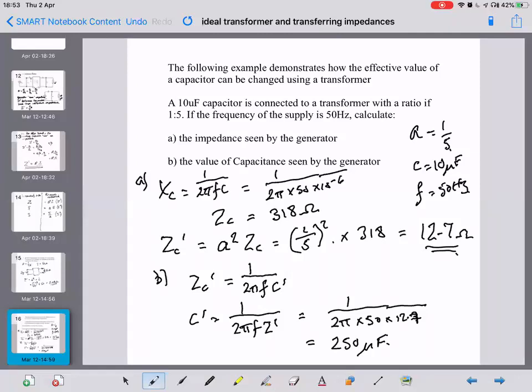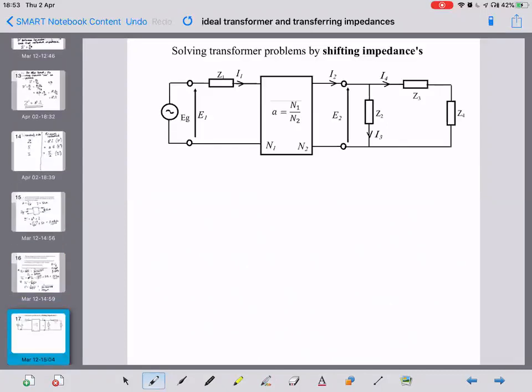Right. Now we'll take a look at solving transformer problems by shifting impedances. What we're going to look at here is a problem like the one at the top there, where we've got a series impedance on the primary side.